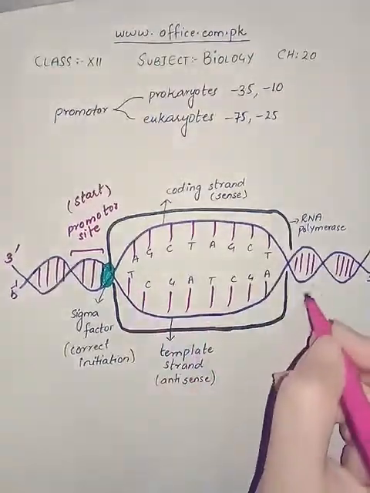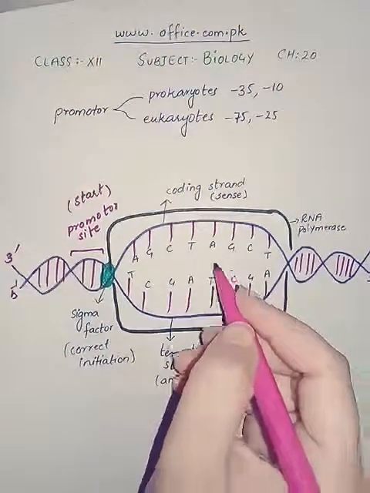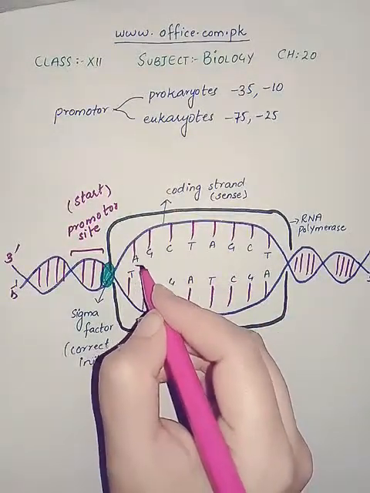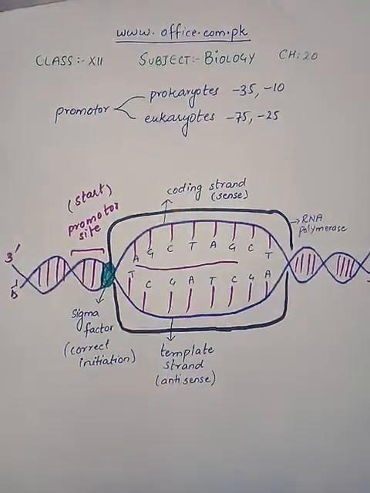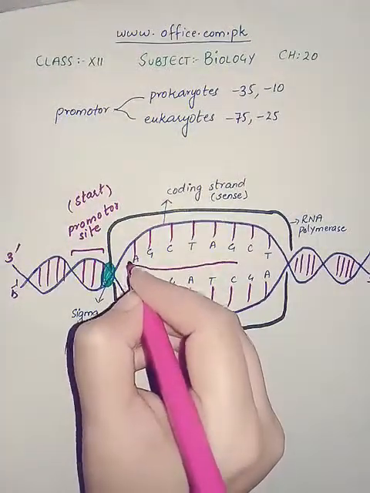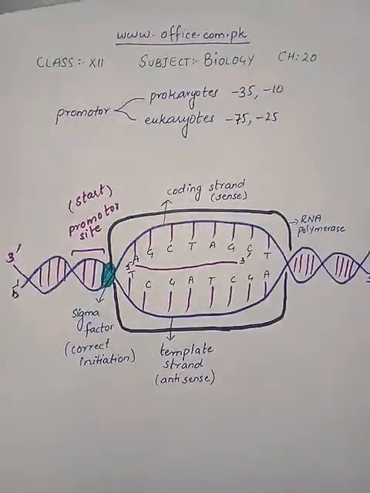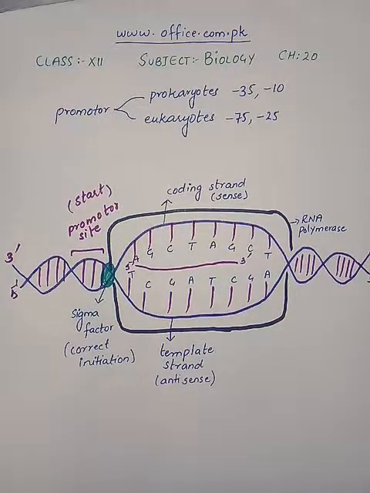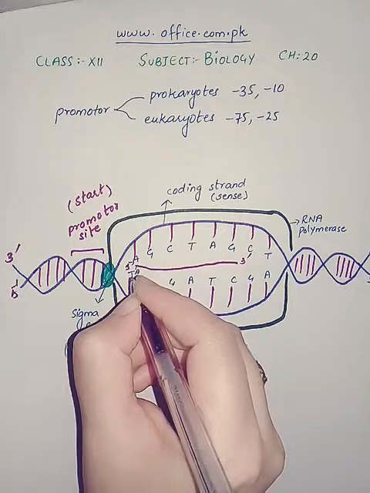So our template strand will be in 3' to 5' direction, and our newly synthesized messenger RNA which will be formed here will be in 5' to 3' direction, and it will have the subunits or nucleotide units attached accordingly.